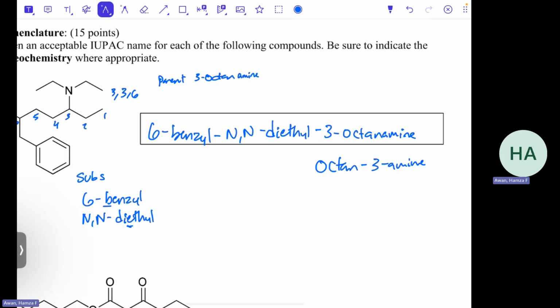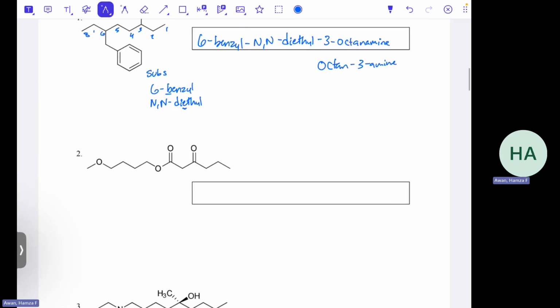Oh, like N,N before the 6-benzyl? No, because we would actually have to go by alphabetical order in this one. Anyone else? Okay.